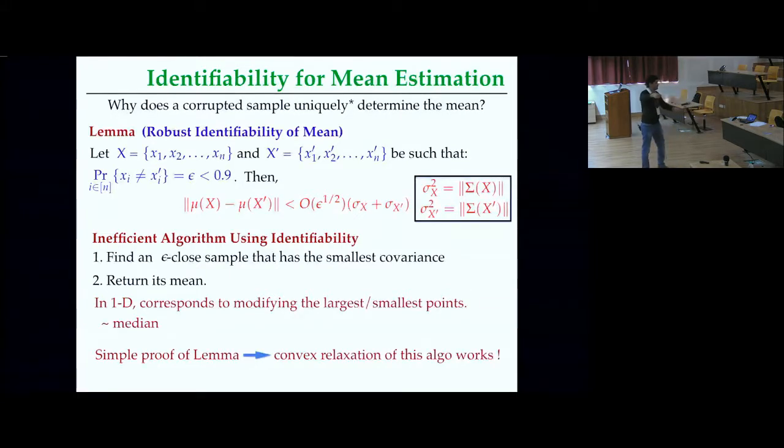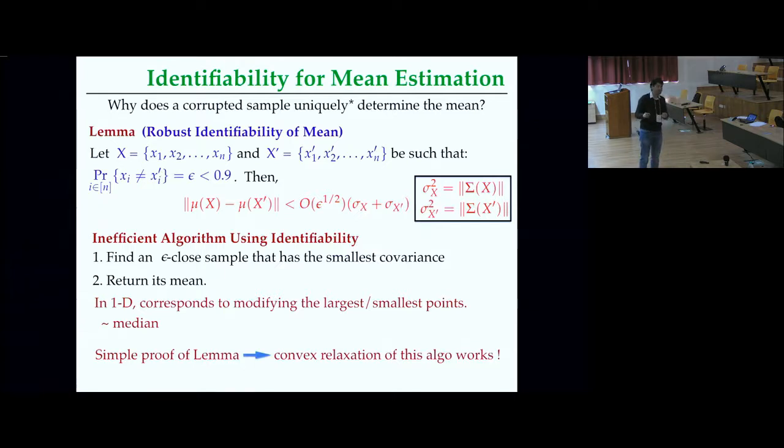So find me a sample which is as close as possible to the sample that I actually see, and which minimizes the operator norm of the covariance matrix. I already know that the true distribution, the true IID sample that I saw before, is a valid solution. So if I look at x prime and try to find some sample x, I know that sigma x cannot be more than sigma x prime.